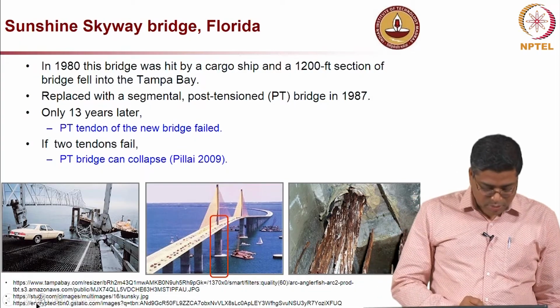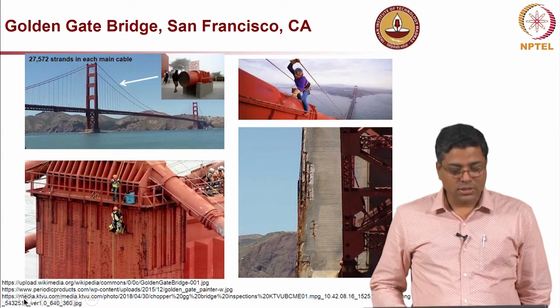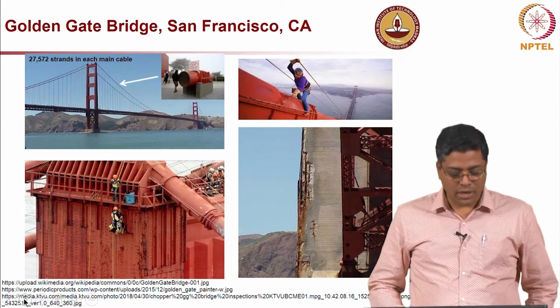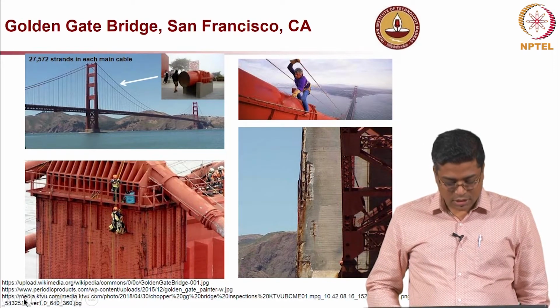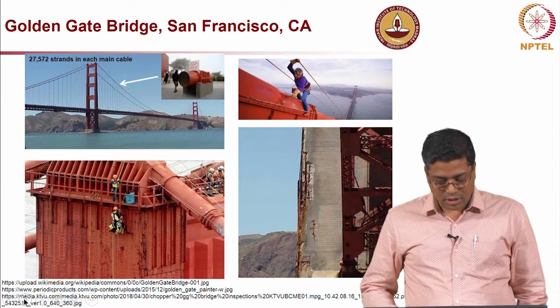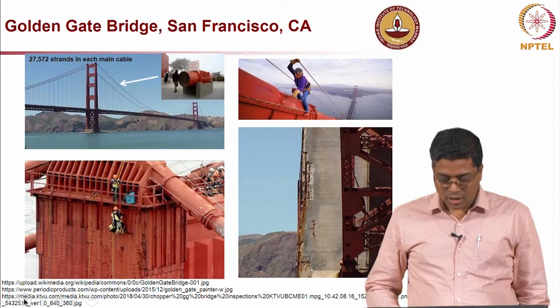And another example of premature corrosion is Golden Gate Bridge. We spend a lot of money on this bridge to maintain the structure every year. There are a lot of corrosion related issues, and maintenance is a big job there.